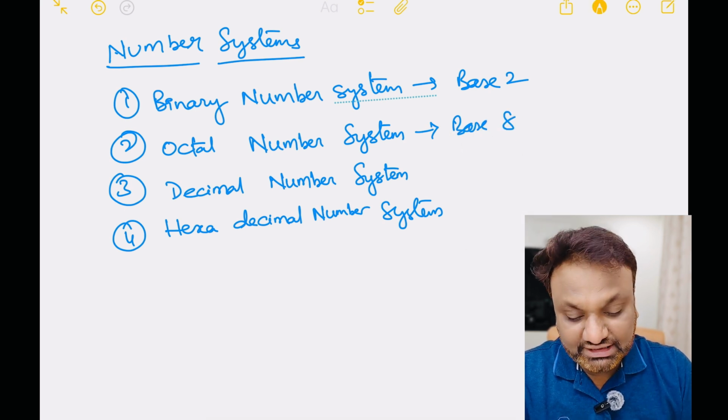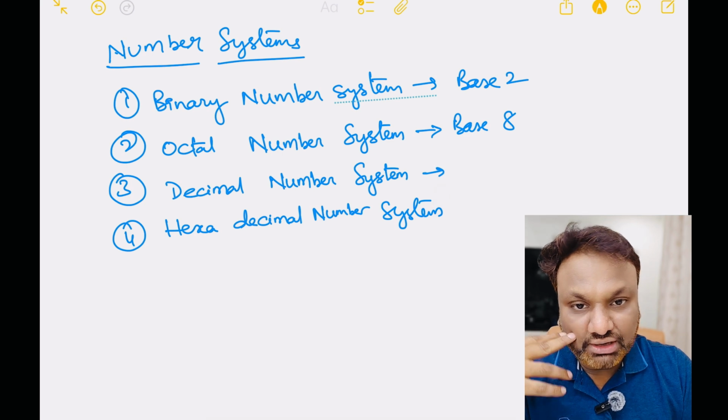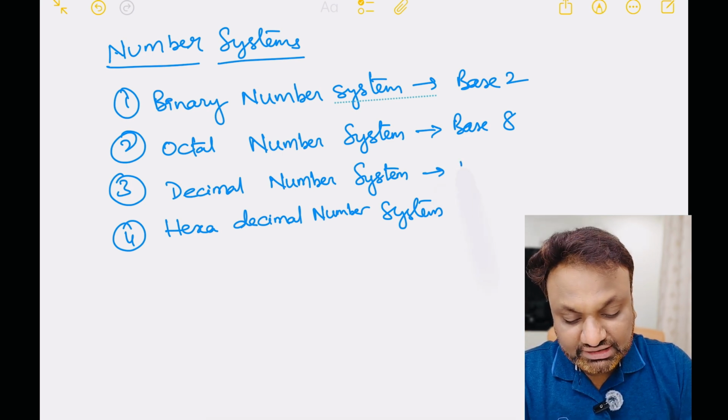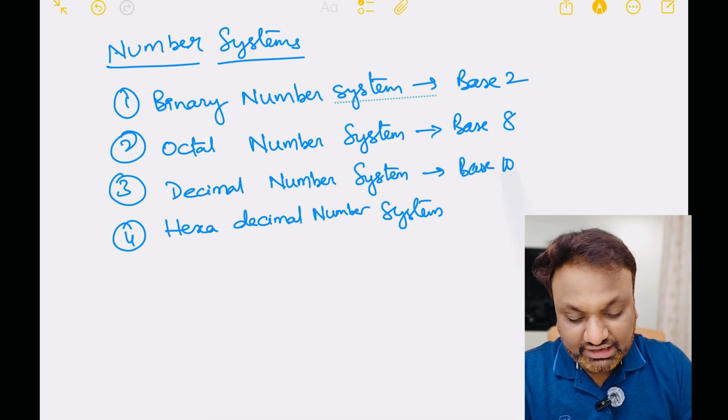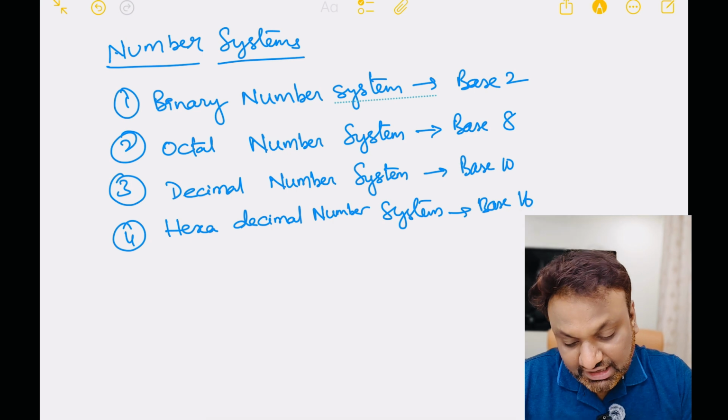The decimal number system is what we humans use, called the base 10 number system, and the hexadecimal number system is called the base 16 number system.